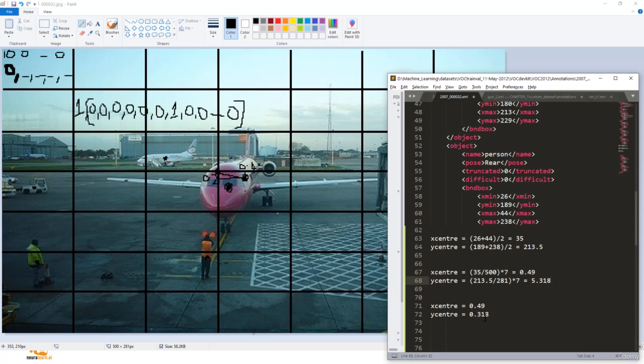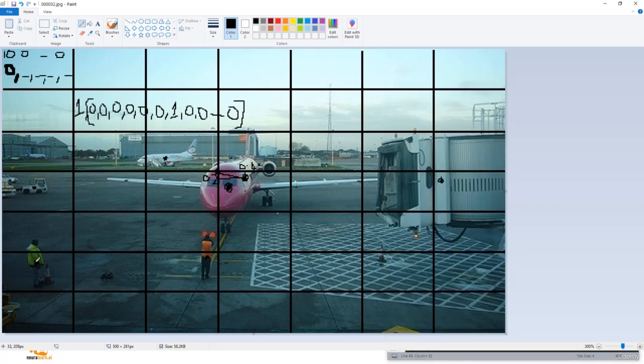So it gives us 0.318. It tells us that based on this origin, we're practically at the center, and then we are at around 1/3 of the y. So if we do this, we see that we fall around this point right here based on the origin of this grid cell.